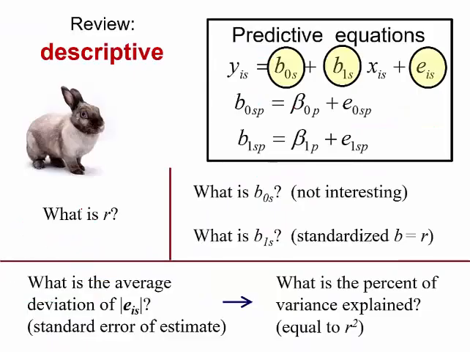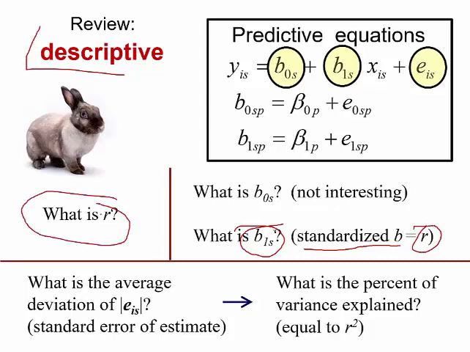So let's summarize all the ways we've answered this descriptive question. We're wanting to know what's the relationship between X and Y, what's the relationship between traumatic bunny incidents and someone's anxiety. We could simply calculate the beta weight, and we note that a standardized beta, which is the beta you get if you turn everything to z-scores prior to analysis, is the same thing as a correlation, and the correlation is also another way to talk about the effect size.